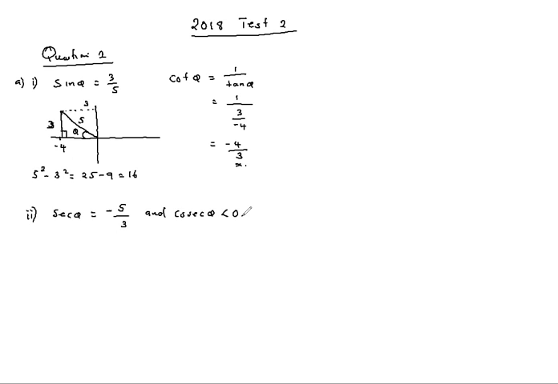Can you kindly repeat the cot part? Cot theta. Okay. So cot is 1/tan. And tan is opposite over adjacent.